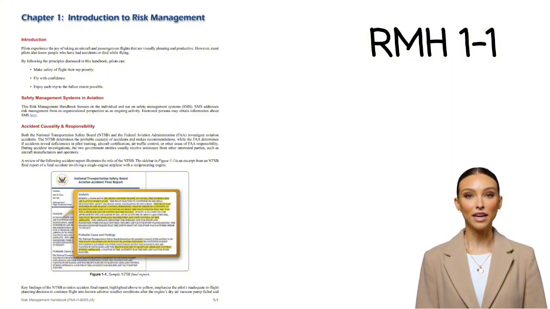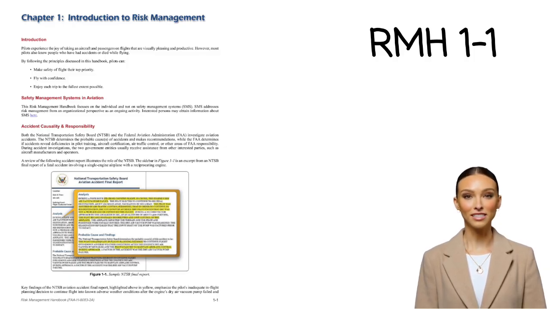Accident causality and responsibility. Both the National Transportation Safety Board, NTSB, and the Federal Aviation Administration, FAA, investigate aviation accidents. The NTSB determines the probable causes of accidents and makes recommendations, while the FAA determines if accidents reveal deficiencies in pilot training, aircraft certification, air traffic control, or other areas of FAA responsibility.